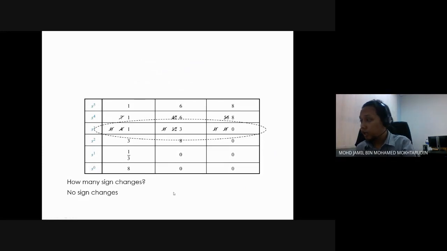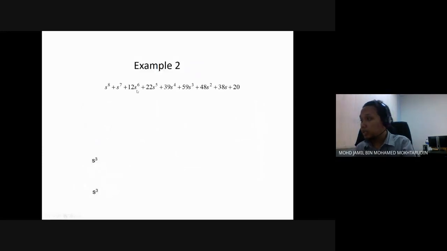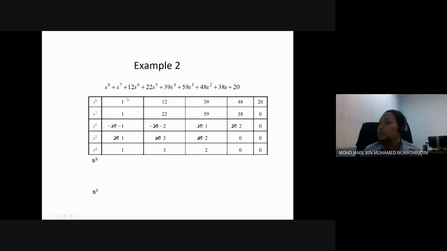Okay, so let's look at another example. Let's say you are given a very long polynomial here. You can use the Routh Hurwitz table to determine the stability, or to determine the poles on the right hand side of the S-plane. First you fill in the first two rows. Here you have s to the power of 8 as the topmost row, followed by s to the power of 7.